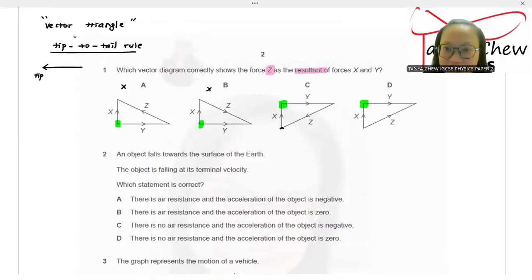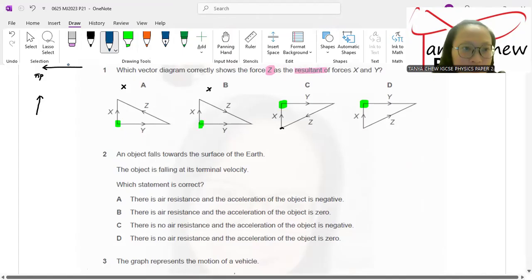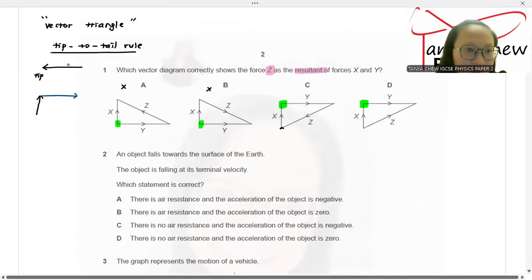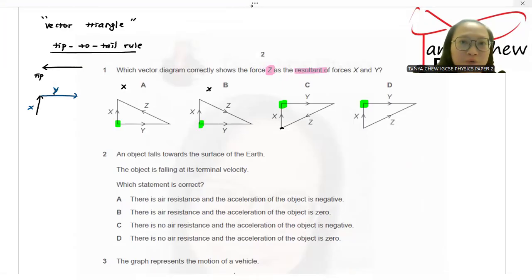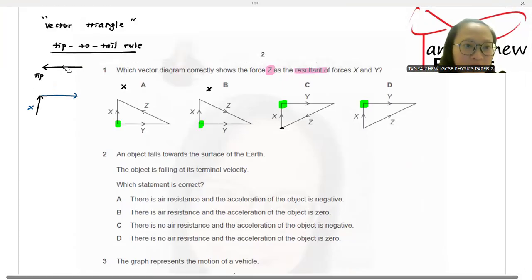Could you see D is that the tail of Z? For the resultant vector, let me draw it out. This is X, the tip of X is meeting the tail of Y. This is X, this is Y. This is what we call the tip to tail rule. Let me erase that and draw it nicer.